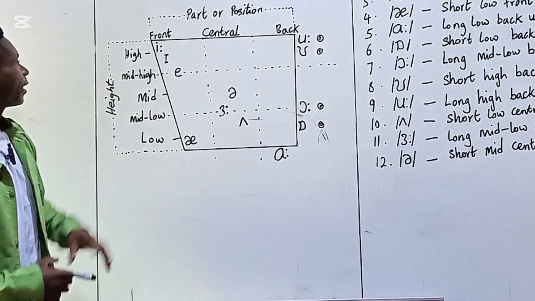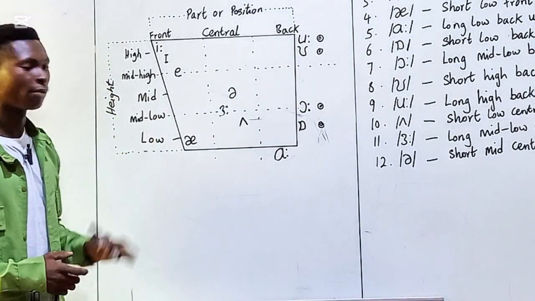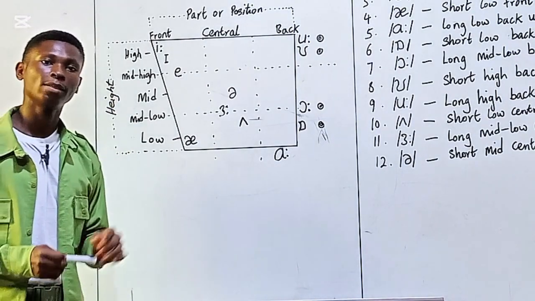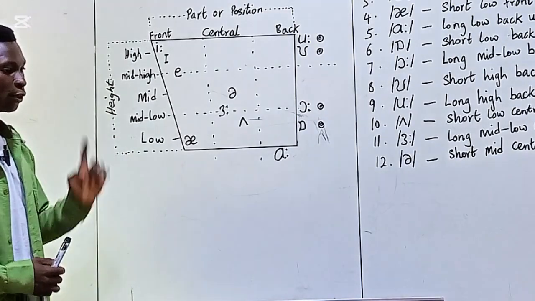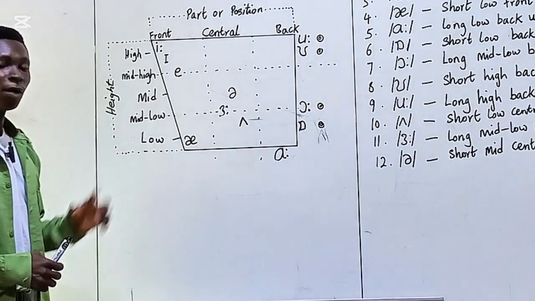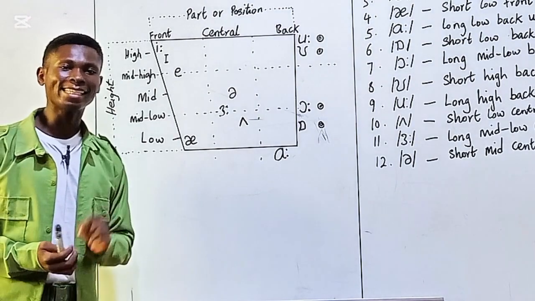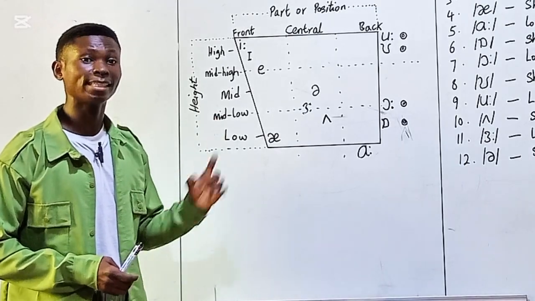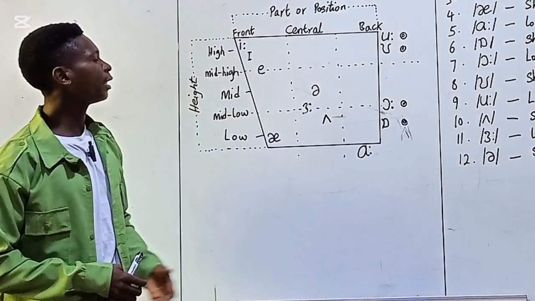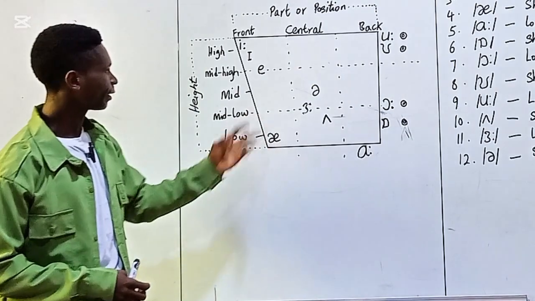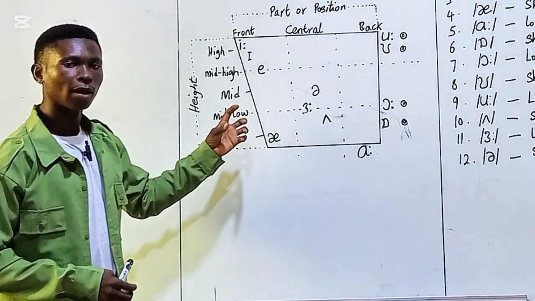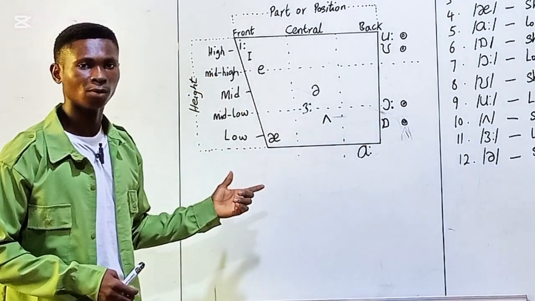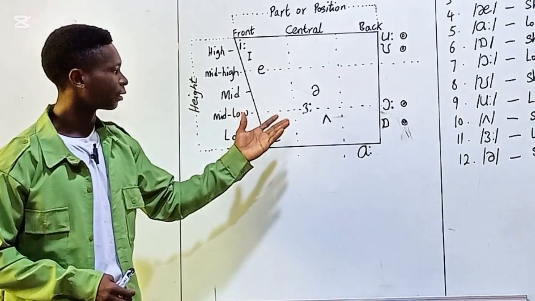So the next thing I'd like you to note here, which is very important, is the first criterion in the description of vowel sounds, which is duration. The long vowel sounds are always indicated by the use of a colon immediately after the phonetic symbol. Looking at all these sounds in the chart, some have a colon immediately after the symbol, whereas others do not.